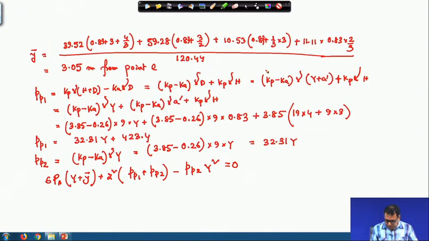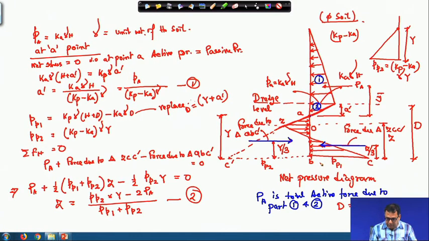So, here z is equal to PP2 into capital Y minus 2 PA divided by PP1 plus PP2.